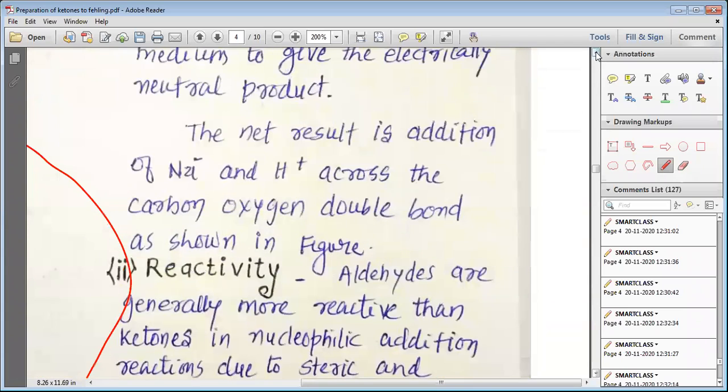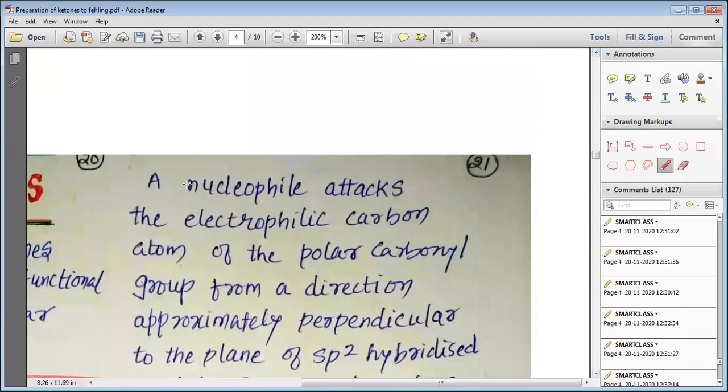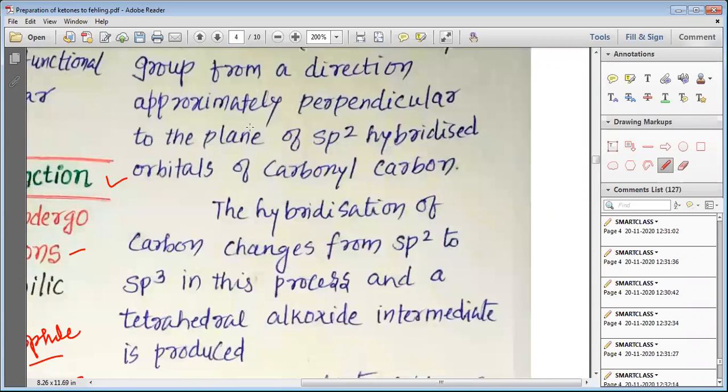So let us study what we have seen. The nucleophile attacks the electrophilic carbon atom of the polar carbonyl group from a direction approximately perpendicular to the plane of the sp2 hybridized orbital of the carbonyl carbon.